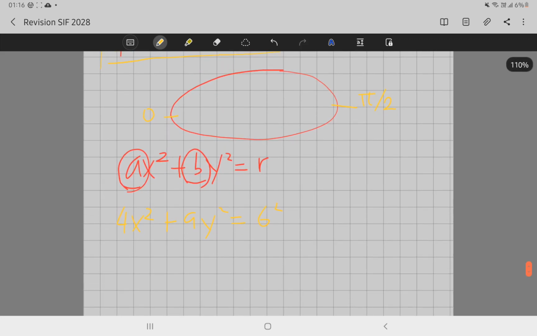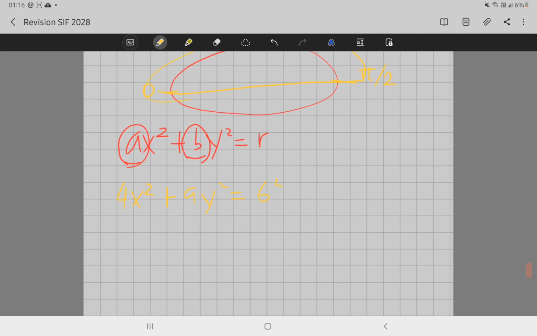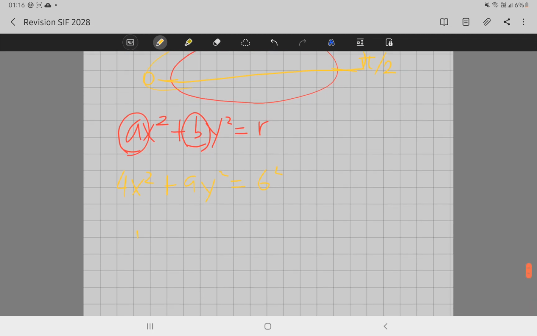From 0 to pi over 2 we have the quarter of the perimeter. Then we multiply to get the entire perimeter.